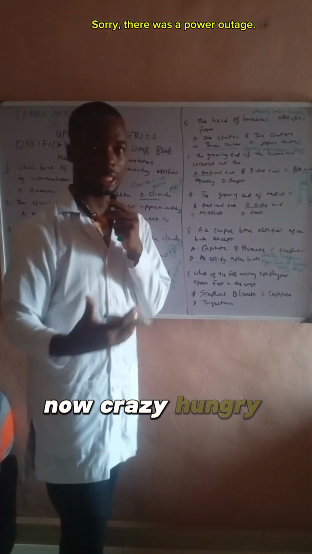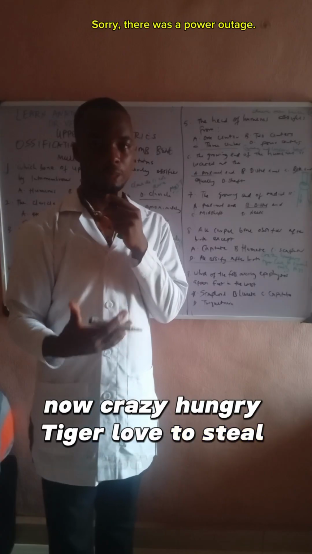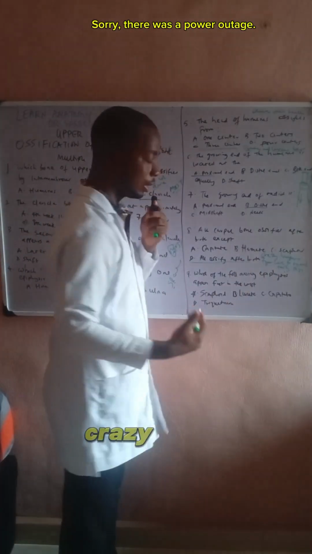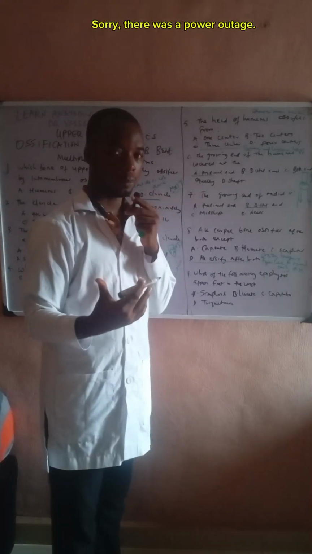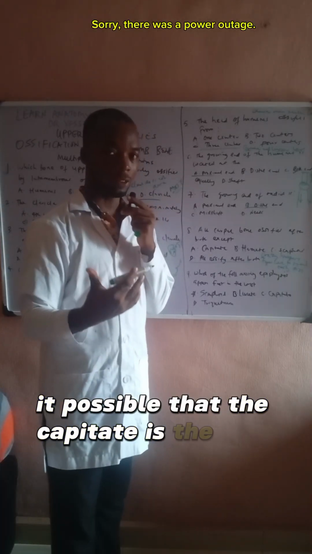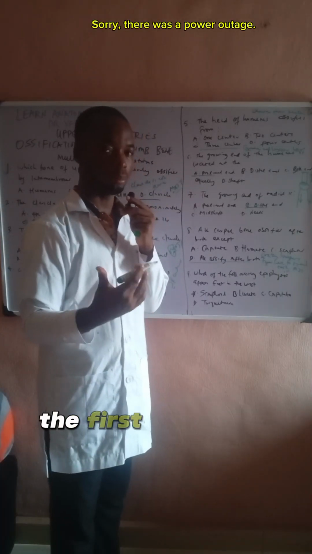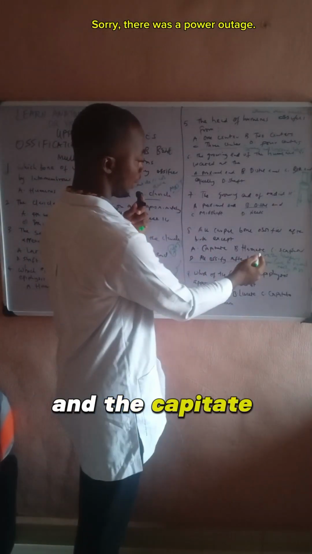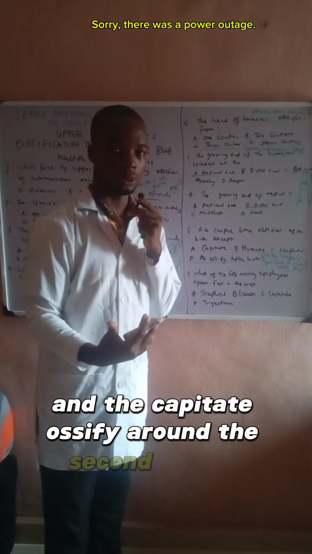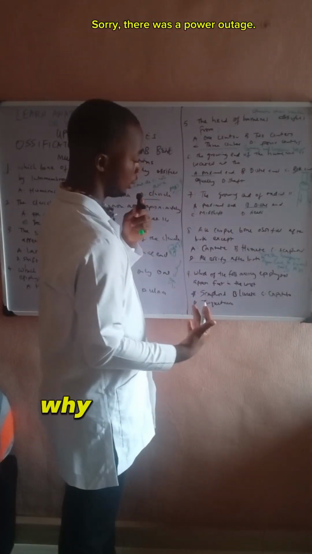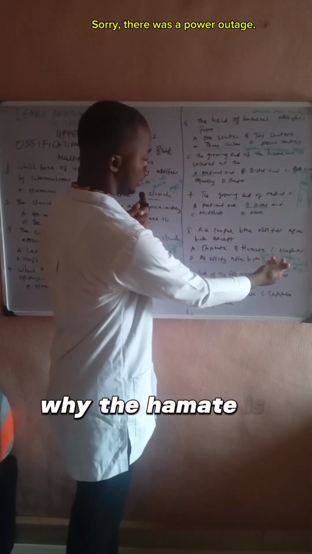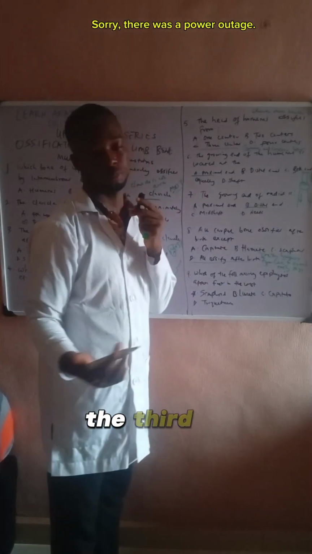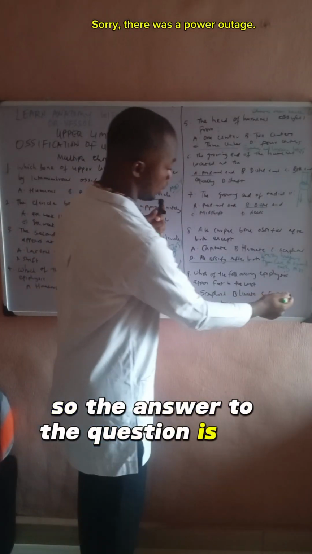This can help us remember that the capitate is the first bone that ossifies in the carpal bones, and the capitate ossifies around the third month, while the hamate ossifies second. The third is triquetrum. So the answer to the question is the capitate.